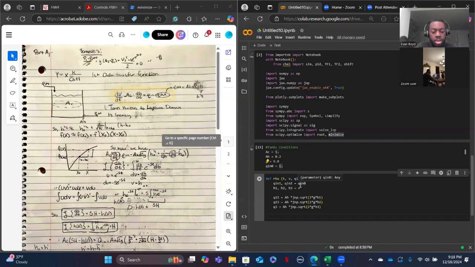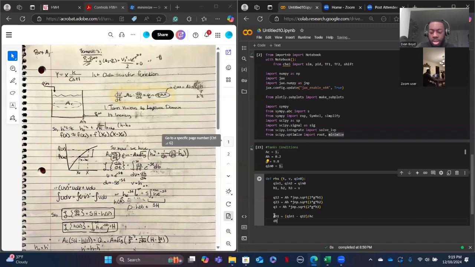So that will look like, dH1 is equal to Qin of one minus Q out, that'd be Q12, divided by our cross-sectional area of tank one. Again, they're all the same.